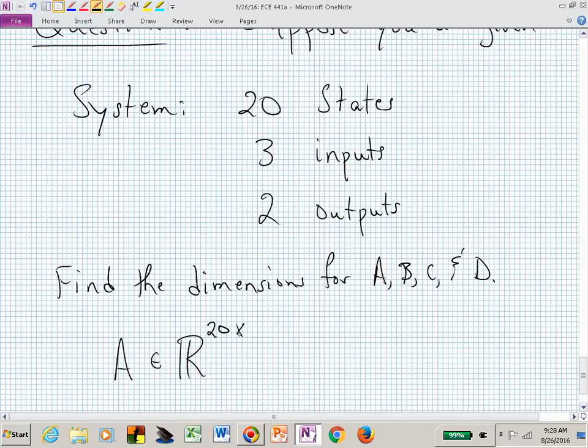And a check on your work: it now has to have as many columns as your state vector is tall, because each row in A is multiplying your state vector. Or you go, oh, A is square. So once you know one of the dimensions, you know the other one. A is 20 by 20.